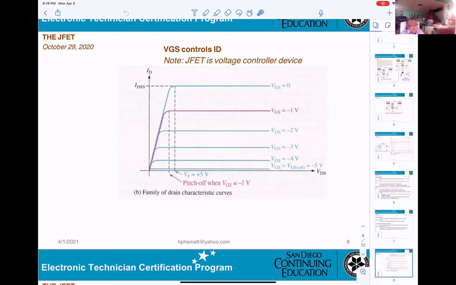The thing is on the NPN-PNP, you get the formula IC equal beta times IB. So when you change the current IB, you change the current IC. So that's what they call a current controller. Okay? JFET is a voltage controller, but bipolar will be a current controlled device. So that's why we already put it in here. Okay? Make sure you read it.